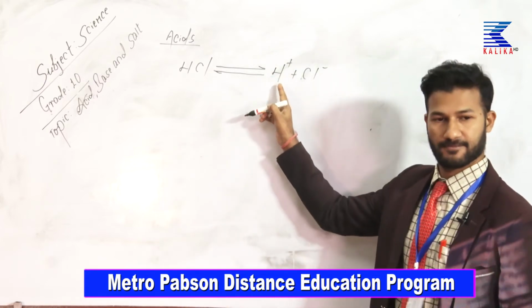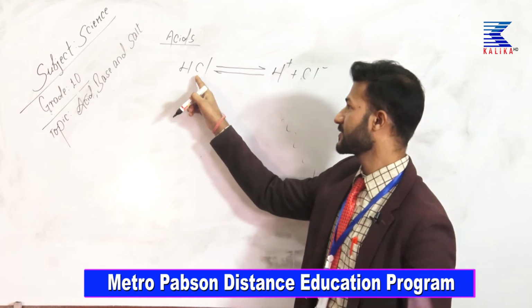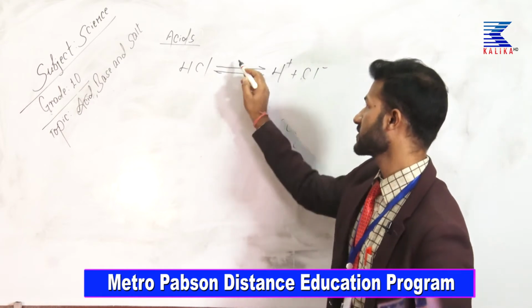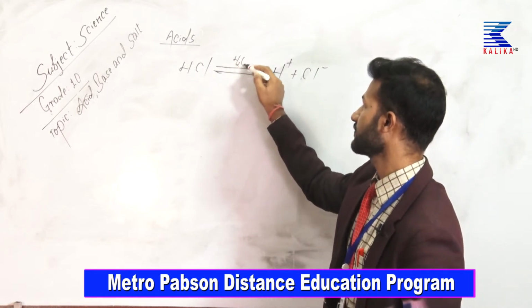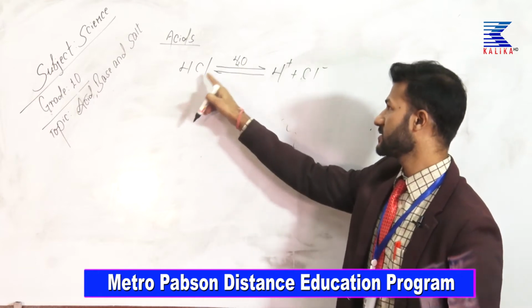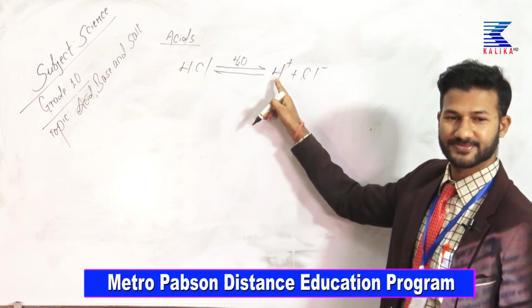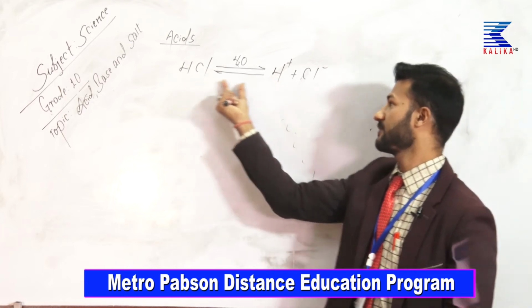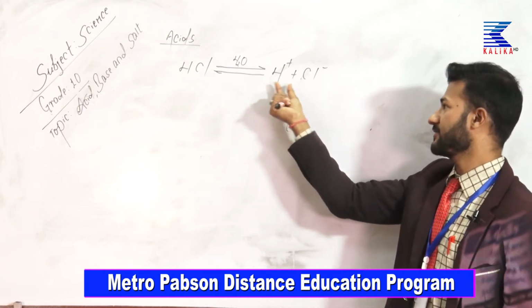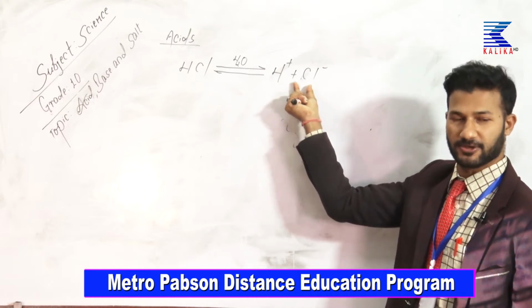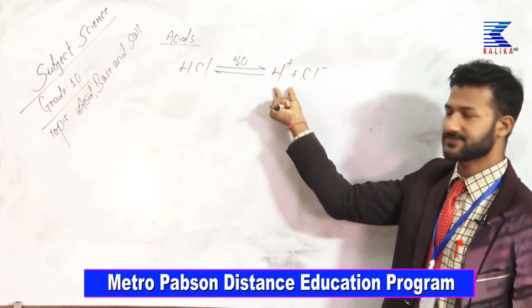When hydrochloric acid is dissolved in water, let's write here water, it produces hydrogen ion. It breaks down into two opposite ions, electropositive ion and electronegative ion. The first one is hydrogen ion.